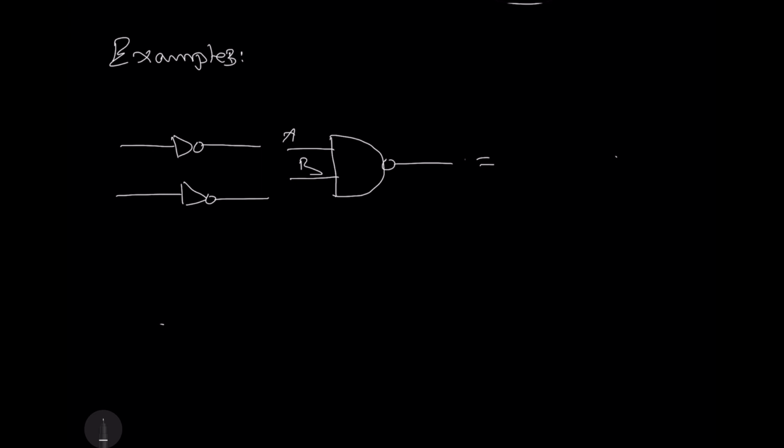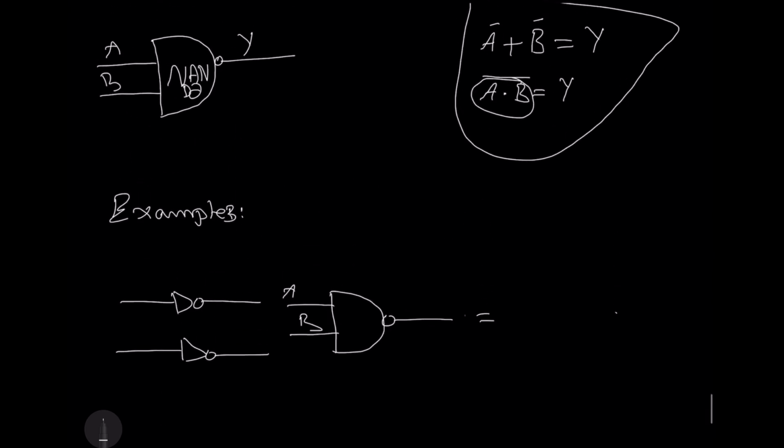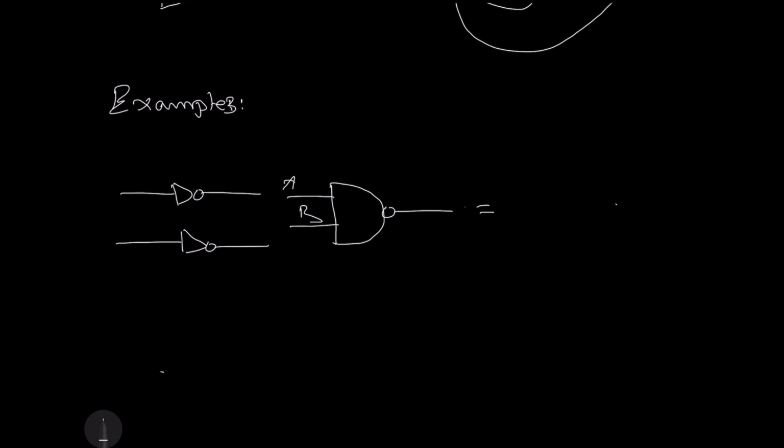Okay, in example 3, we will add two inverters to the NAND gate that we just created here. So our new logic gate will be, we will not touch that output bubble right now.